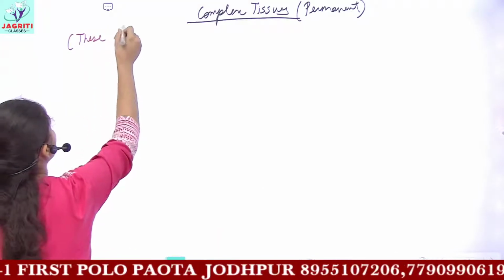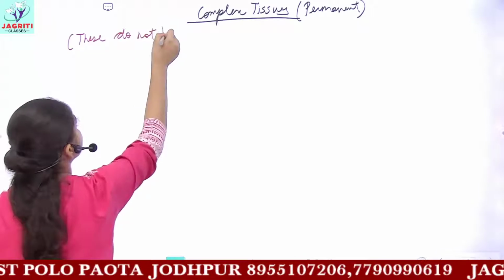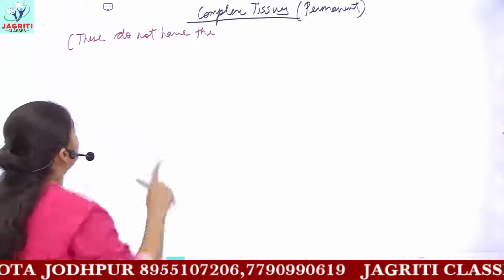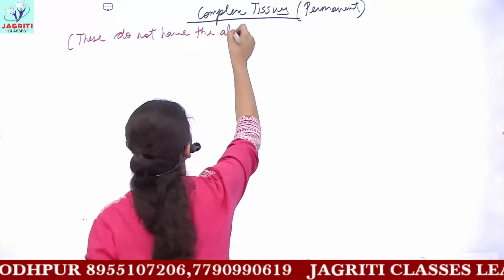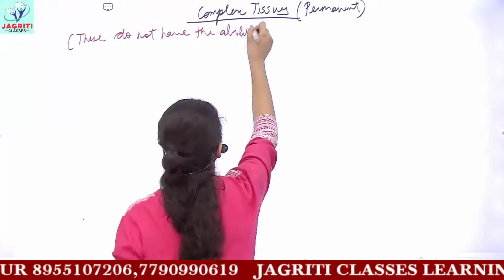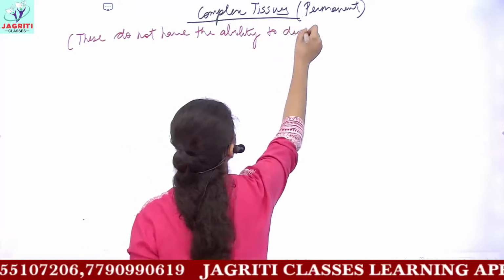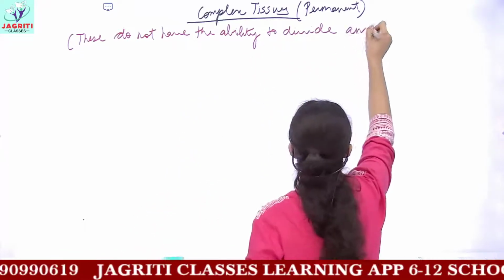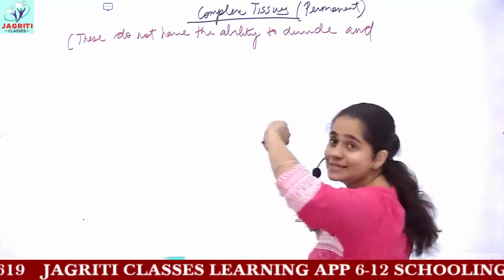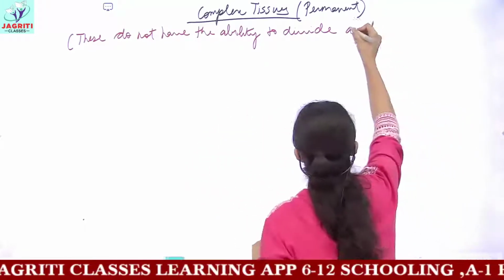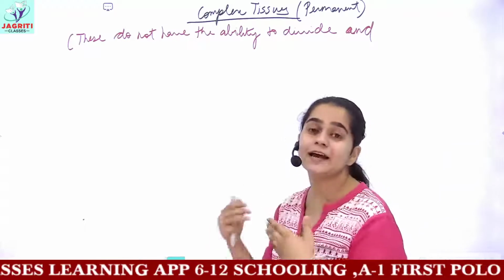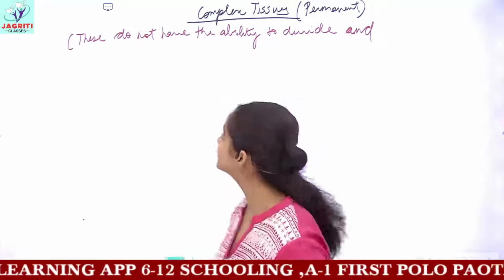First I am defining why you call it permanent: because these do not have the ability to divide, hence they are known as permanent. And why are they known as complex? Because these are made up of more than a single type of cell. That is, they are made up of many types of cells.